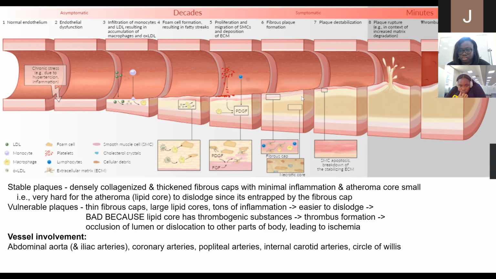And then next, you're going to have matrix metalloproteinases released. That can weaken the fibrous cap of the plaque. And when it weakens, you're going to have plaque destabilization. Eventually the plaque can rupture.